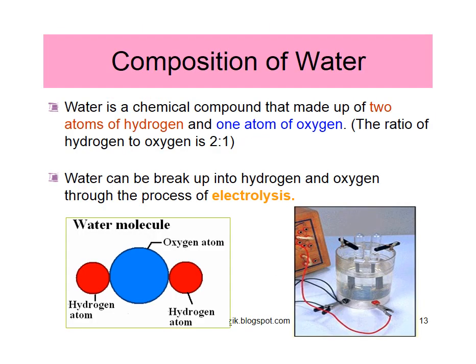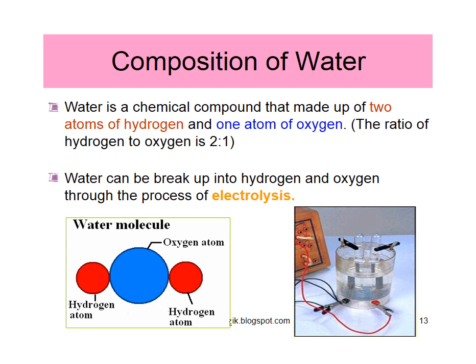Now we look at the composition of water. Water is a chemical compound made up of 2 atoms of hydrogen and 1 atom of oxygen. The ratio of hydrogen to oxygen is 2 to 1.